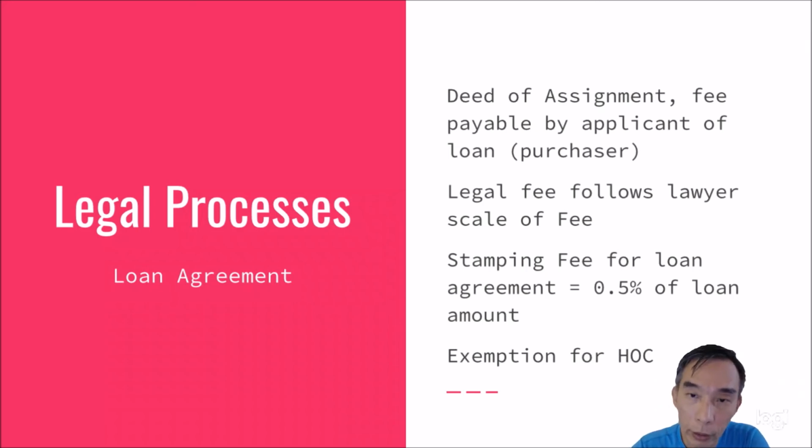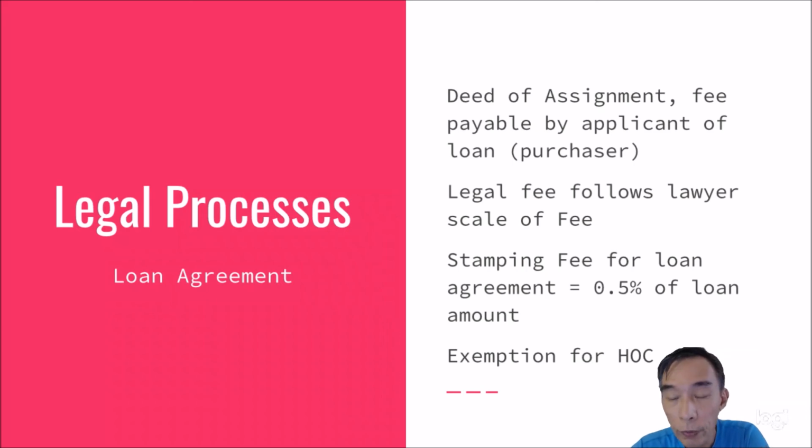The loan agreement is between the purchaser and the bank, not between the purchaser and the developer. The sales and purchase agreement is an individual contract, and the loan agreement is another individual contract.